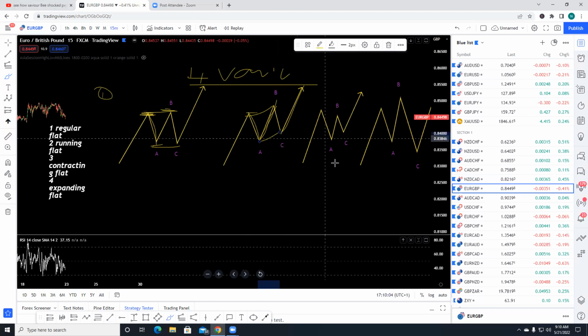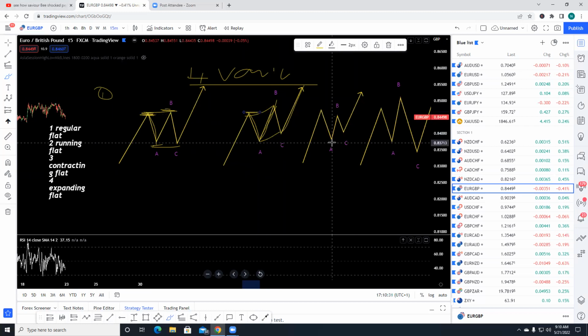Okay, now, look at the third type of corrective structure, or flat corrective structure, which is called a contracting flat. Look at it. A remains a gentleman, as it usually is. But look at wave B here. In a regular flat, wave B does not pass the level of the beginning of wave A. In a running flat, wave B has passed it to about 110%.